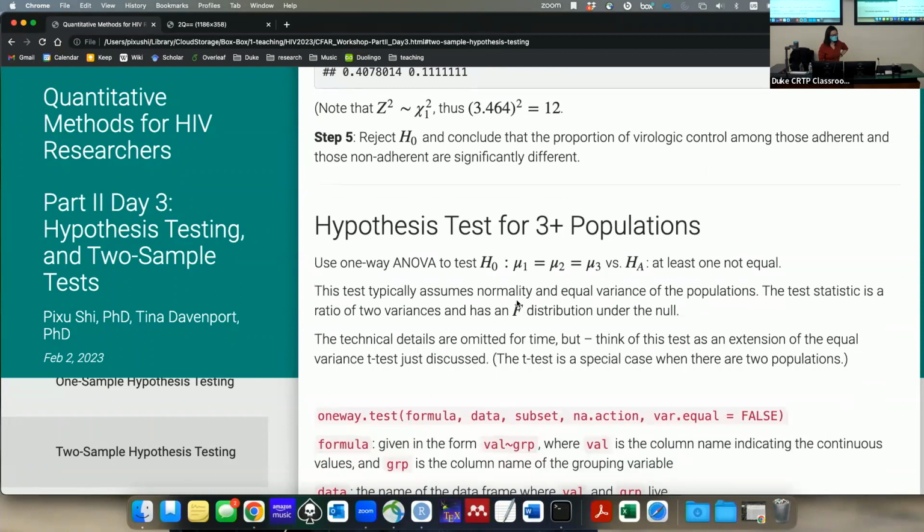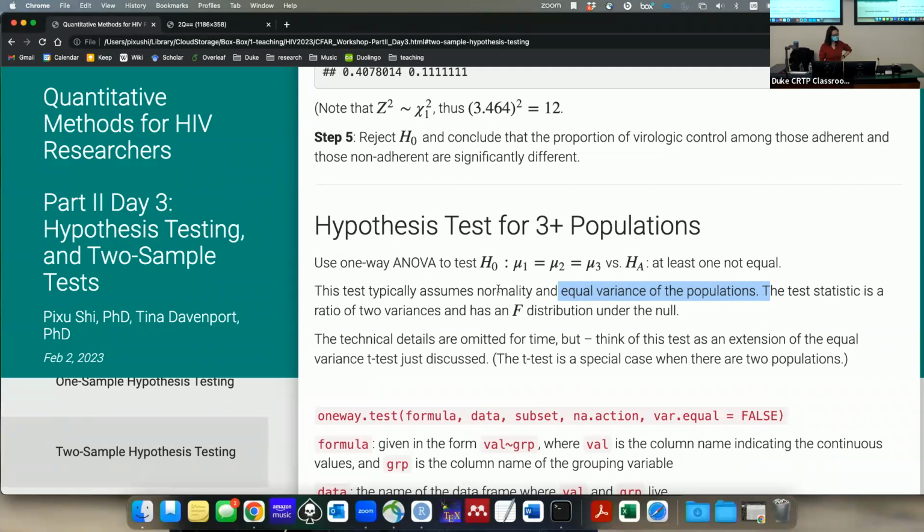The assumption is that all of them are normally distributed, and the variance will be the same across all of the groups. If you have different variance, then it's problematic. If you use one-way ANOVA, you automatically assume the variance is the same across all of the populations. There is one test statistic to check if the variance is equal.